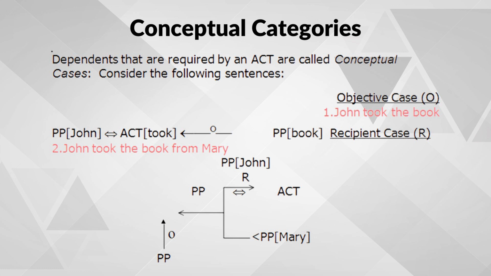Mary, recipient case, indicates the recipient of the action or the source of the book. In both examples, the objective case is used for the subject John and the direct object the book. Additionally, in example 2, the recipient case Mary indicates the source or origin of the book.